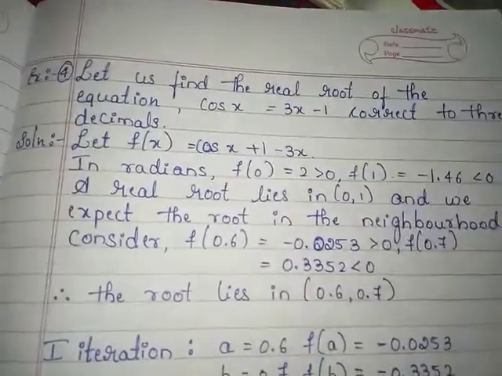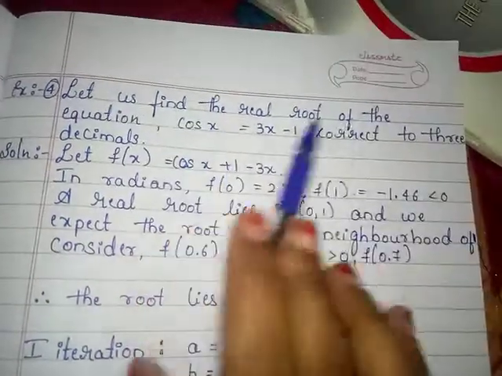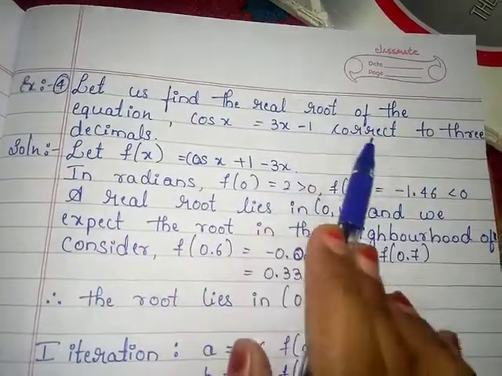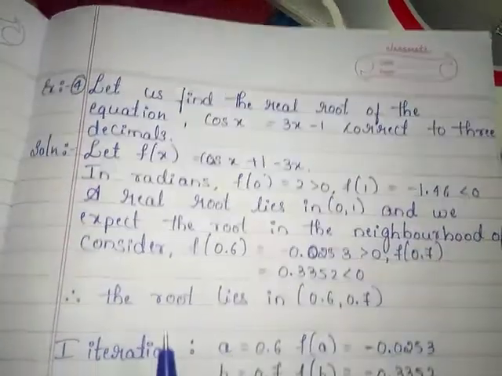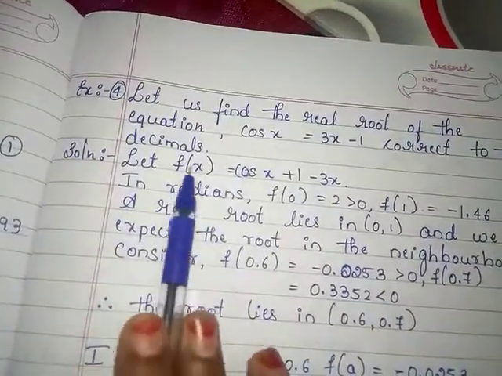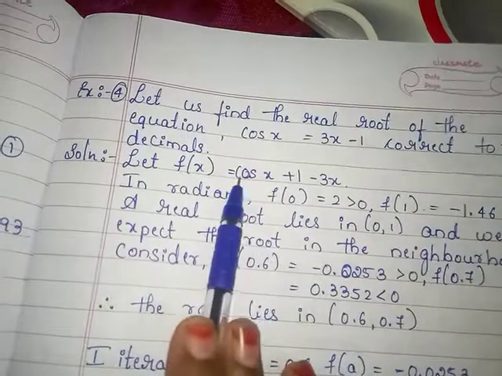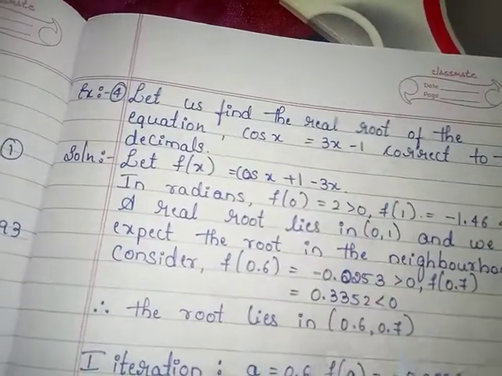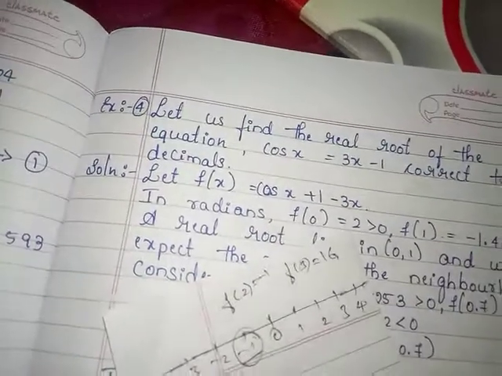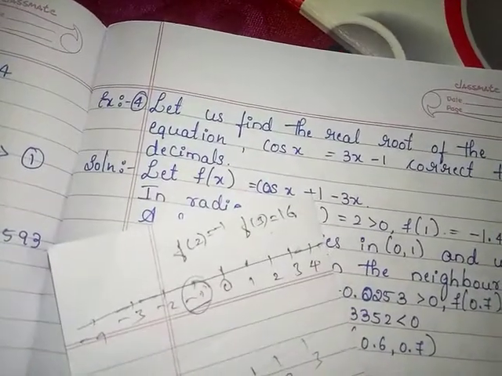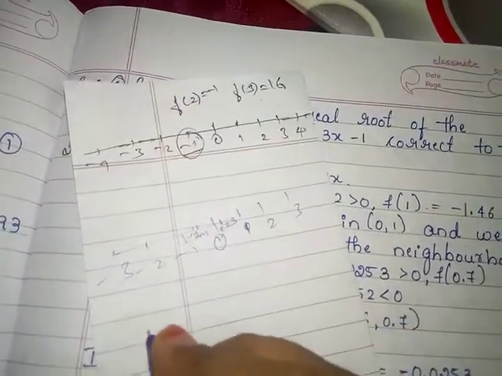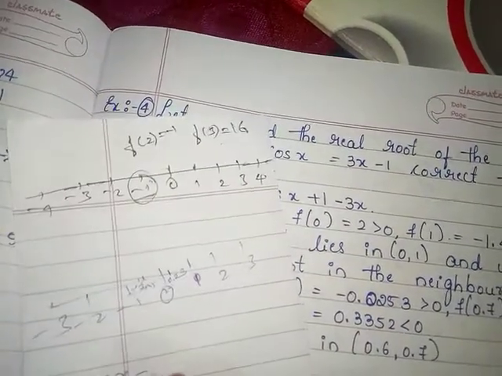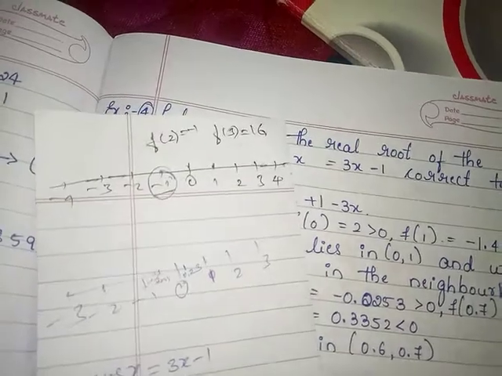Next example, find the real root of the equation cos x is equal to 3x minus 1 correct to 3 decimal places. Solution: the given equation is cos x is equal to 3x minus 1.